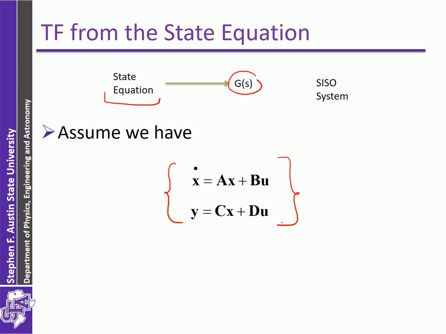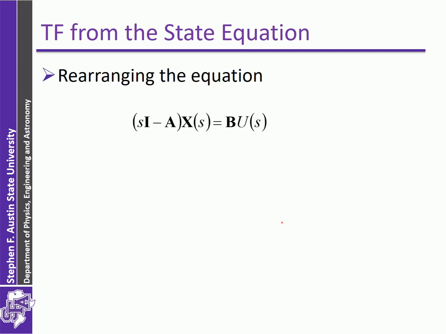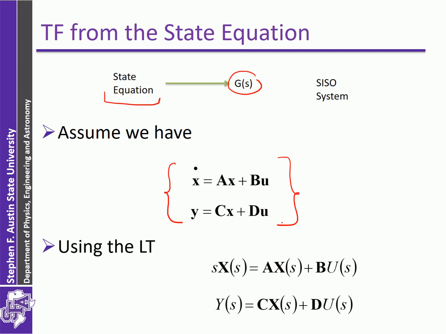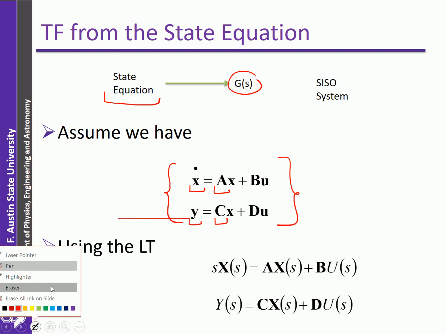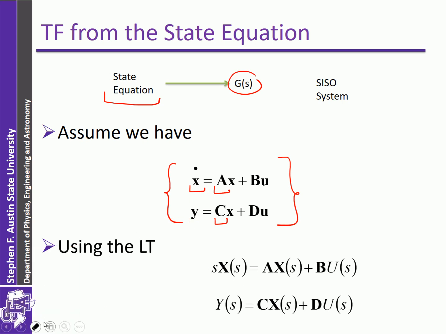So using the Laplace transform, we obtain this. So basically we took the Laplace transform of the matrix, the Laplace transform of this, and basically we ended up with this expression. Now that we have it in this way, we need to play around with it.